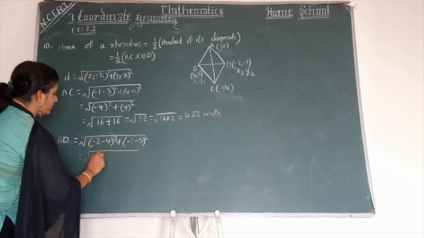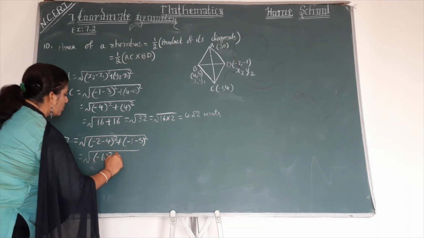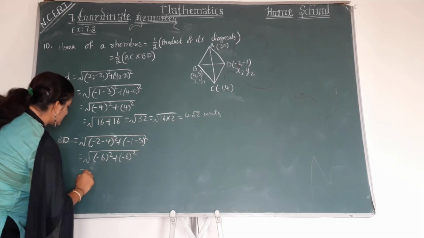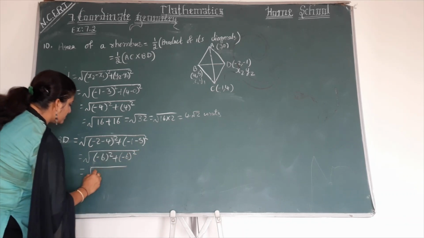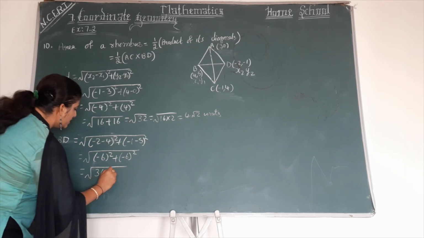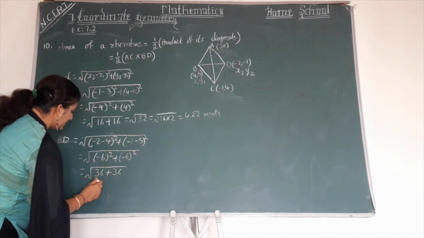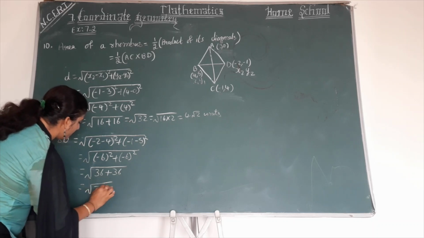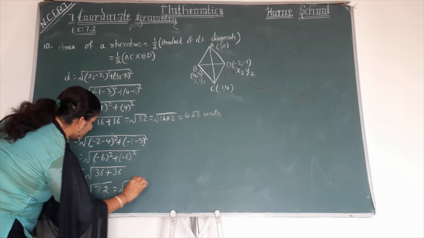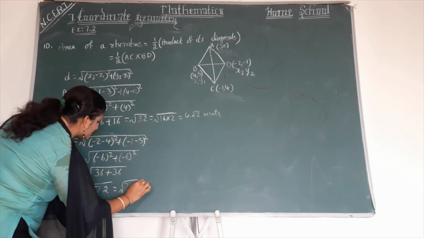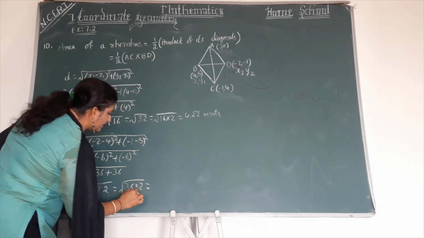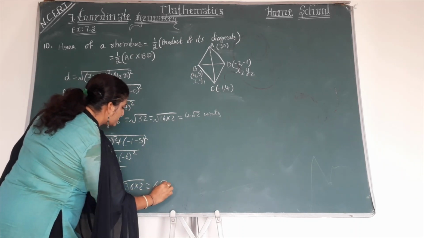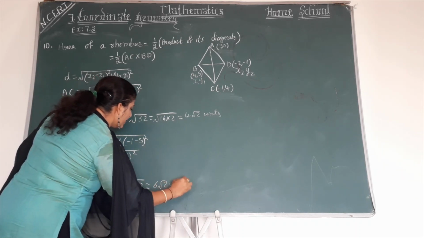Minus 2 minus 4 will be minus 6 whole square. Minus 1 minus 5 will be minus 6 whole square. Minus 6 into minus 6 will be 36, plus 36. That will be root of 72. If you further simplify, 36 twos are 72, where 36 is a perfect square. If you remove the root, it will be 6 root 2 units.